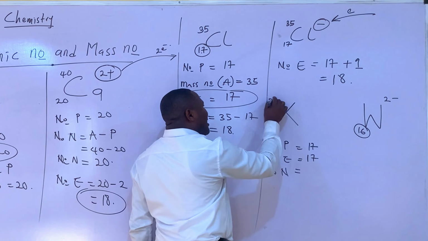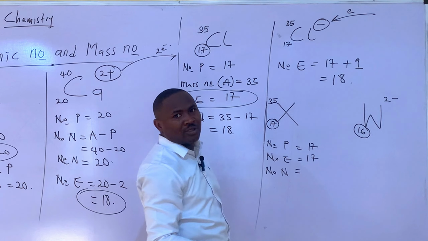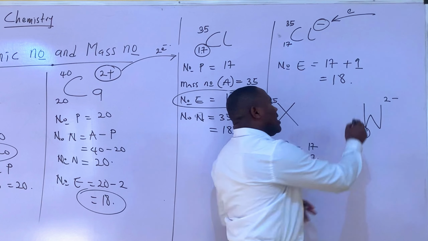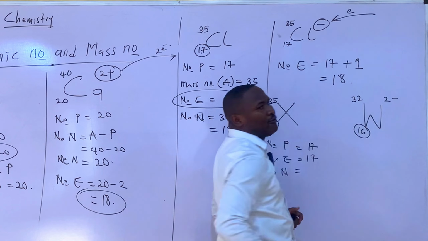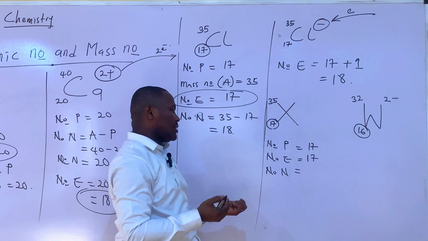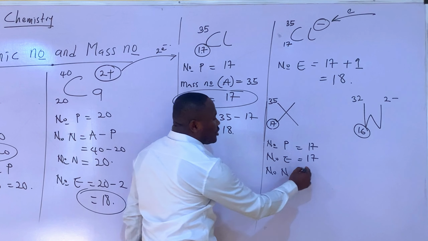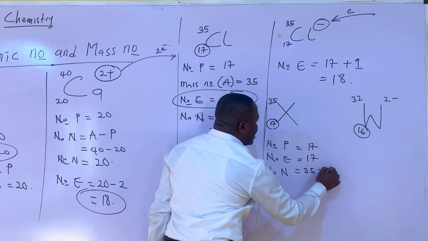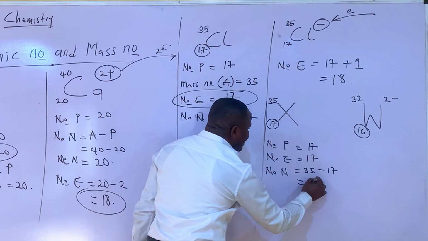It can be 35, it can be 37, depending on which of the isotopes. For this, which is 16, it is 32. That's sulfur. The mass number for sulfur is 32. So number of neutrons would be 35 minus 17, and the answer to this is 18.